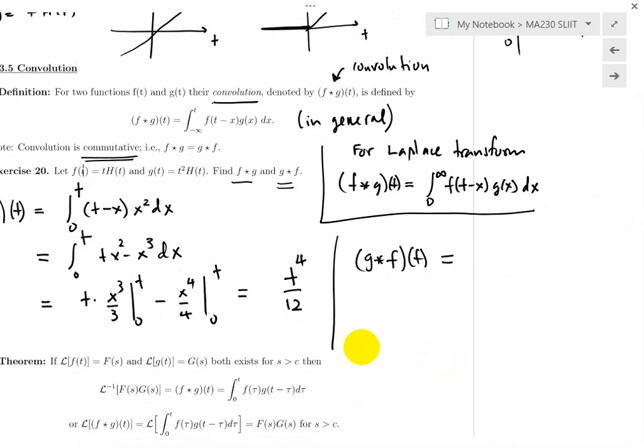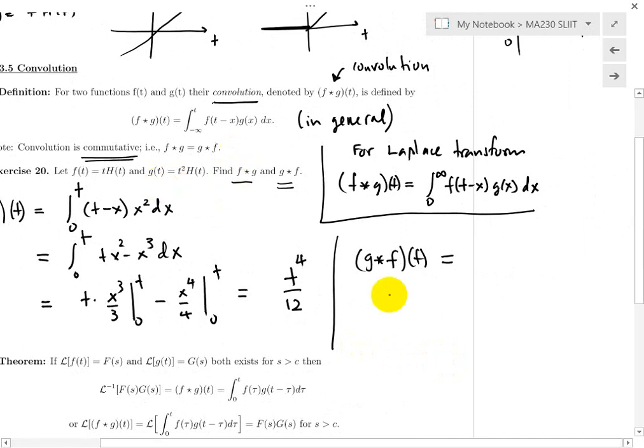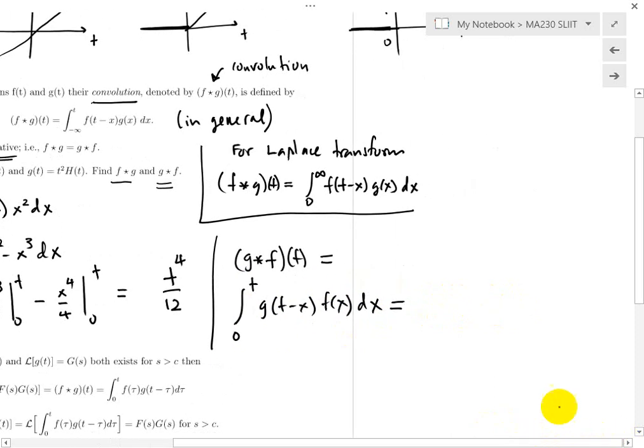So when we want g convolution f, now g(t) is t squared. So what we need is g. Now here note that this is going to be 0 to t, the integral of g(t minus x) f(x) dx.